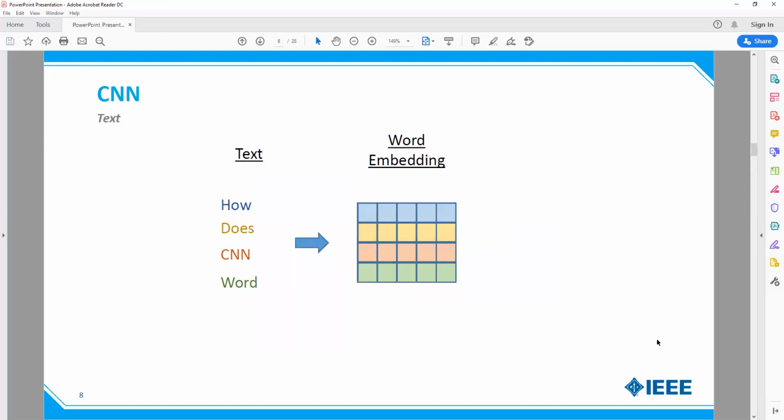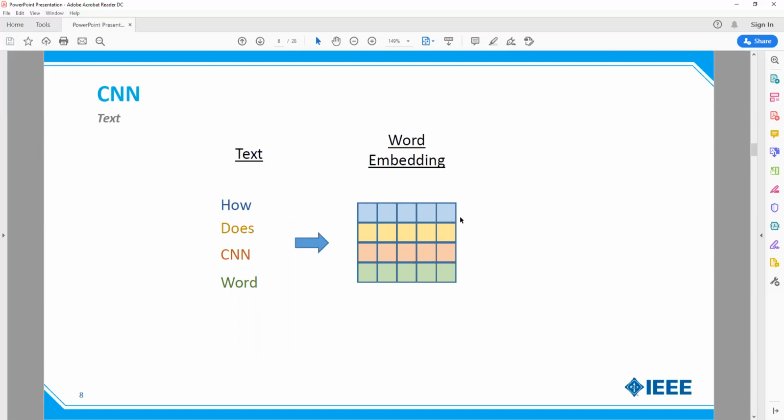It asks, would you mind explaining again about the convolution between textual data and the kernel? Yeah. So the slight difference is in the image. If we look at this example right here where we have 4 words, when we convert these 4 words into the word embedding, we end up with a matrix of 4 by 5 if our word embedding was 5 dimensions.